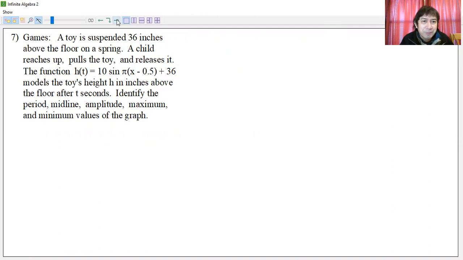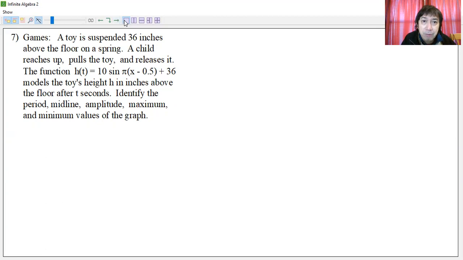The function h of t is equal to 10 sine pi (x minus 0.5) plus 36 models the toy's height h in inches above the floor after t seconds. Identify the period, midline, amplitude, maximum, and minimum values of the graph.